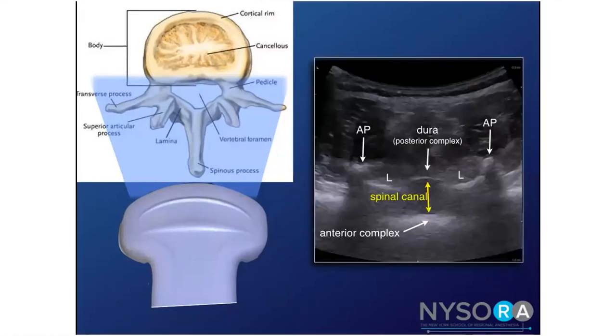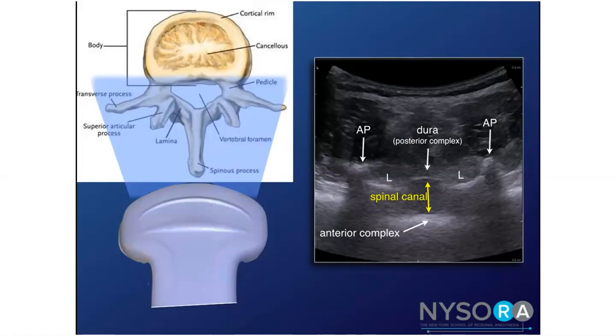By doing this, now you get a better window into the deeper structures. Again, from posteriorly to anterior, you have first the dura, and this is also known as the posterior complex, deeper to which you have the spinal canal, and then the anterior complex, which comprises the ligaments attached to the vertebral body as well as the vertebral body.